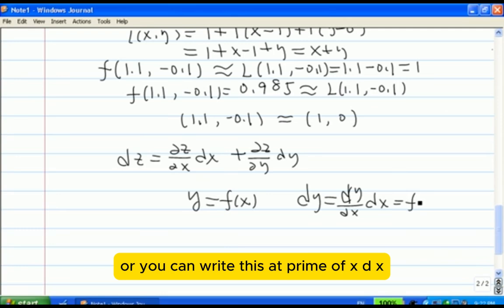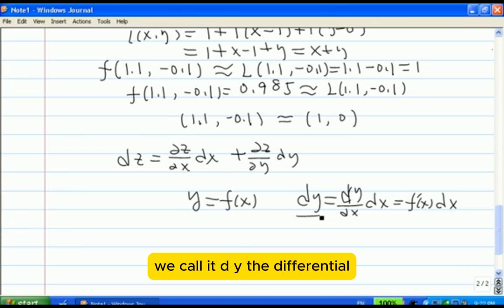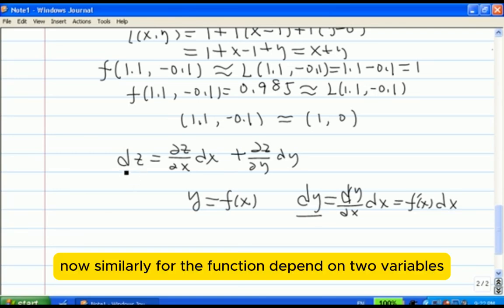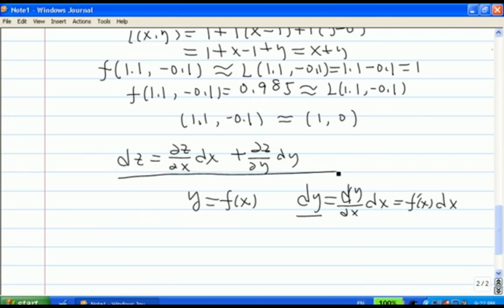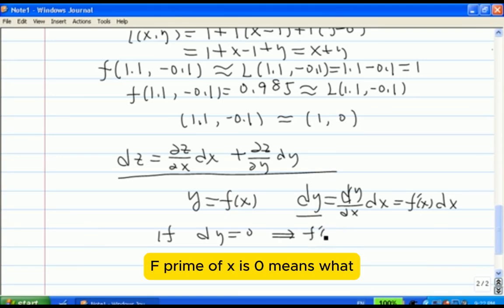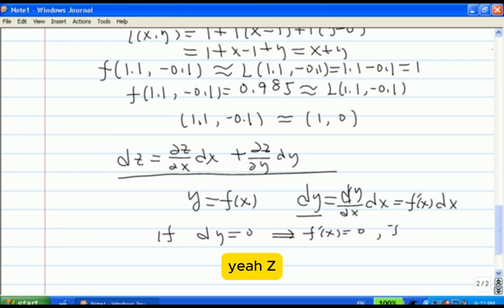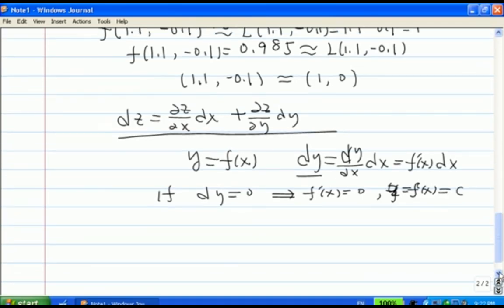Or you can write this f prime of x dx. We call it dy, the differential. Okay. Now, similarly, for the function depending on two variables, we can naturally have this. Okay, if dy equal to 0, we can say what? This implies f prime of x is 0. Means your y equal to f(x) is constant.